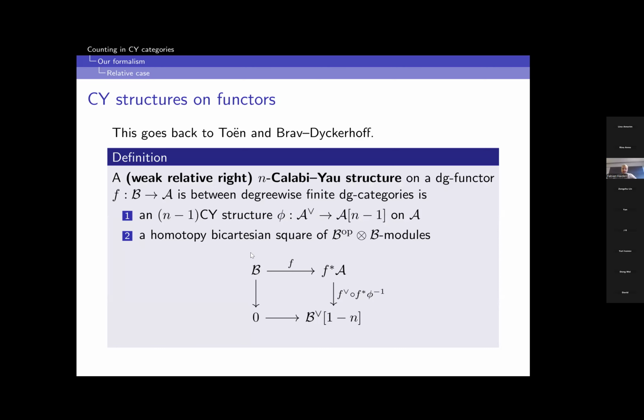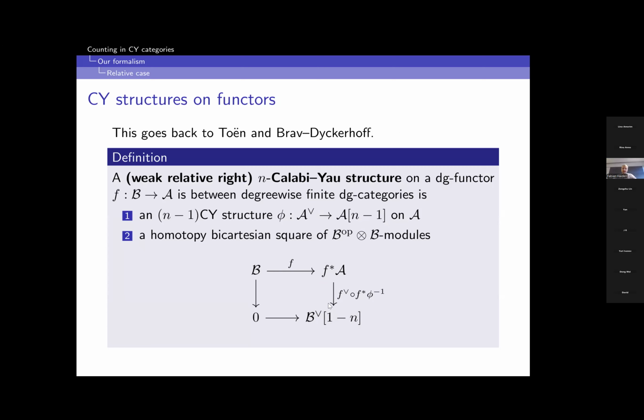The more precise way is saying that you have a homotopy bi-Cartesian square, so a fiber sequence of bimodules, where B goes to the pullback. This is the diagonal bimodule over B. This is the pullback of the diagonal bimodule for A. And using the functor and the Calabi-Yau structure, we can send it to the K-dual of the diagonal bimodule, shifted.